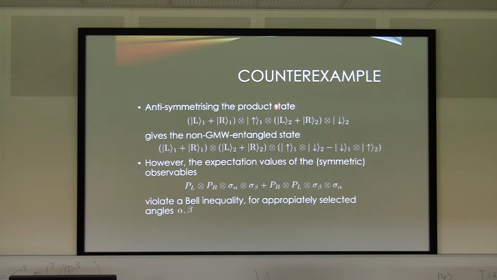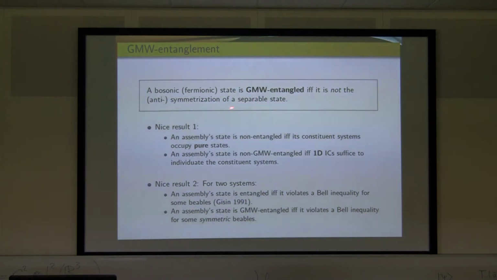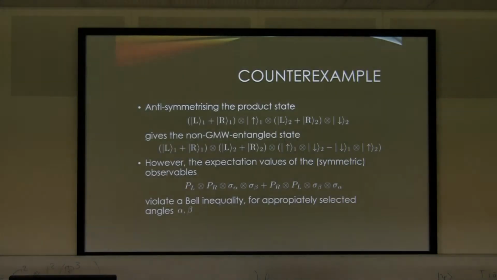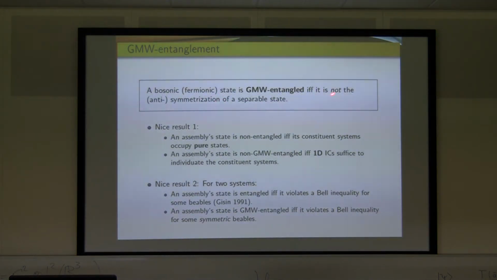We anti-symmetrize it, and because the spatial part is the same, we get, here I've also switched around the tensor product factors, the spatial part is the same, and then we get a singlet state for the spins. So this is an anti-symmetrization of a separable state, of a product state. So it is not GMW entangled, according to the definition.